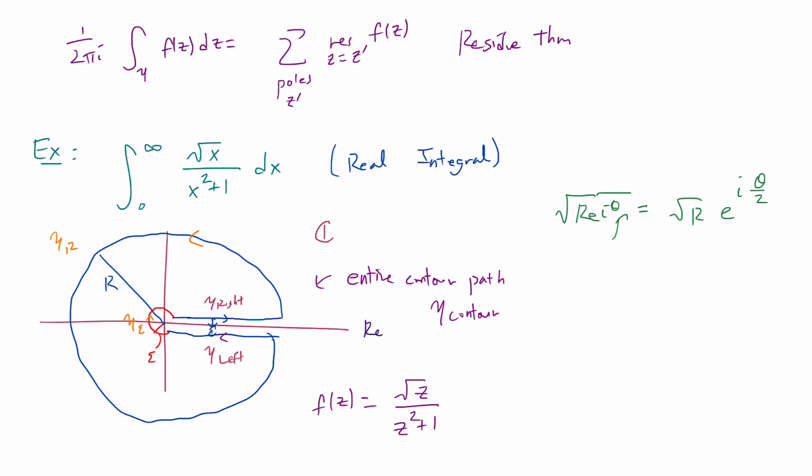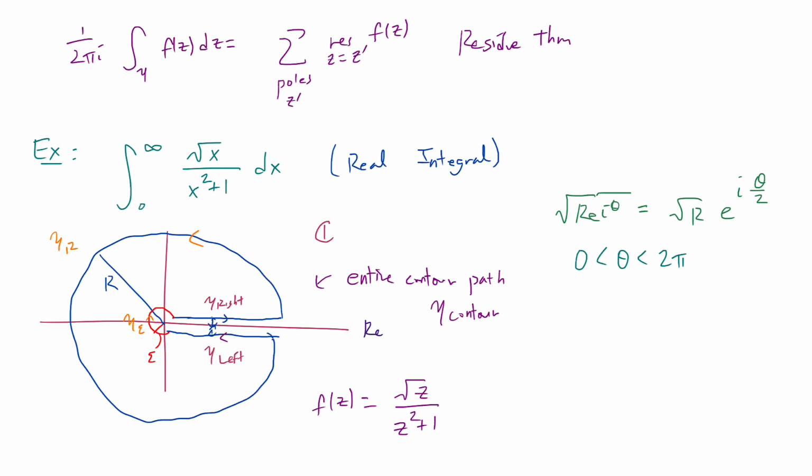I'm only considering theta between 0 and 2 pi strictly, so I'm not going to consider any point lying on this positive real axis. In doing so, this makes square root of z holomorphic where we are actually trying to integrate. And now you're probably curious how this is helping evaluate our integral? Well, notice this.